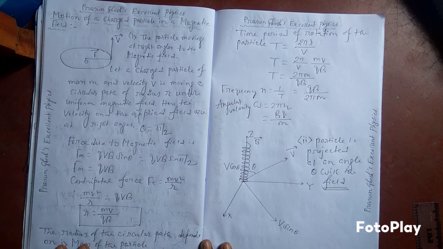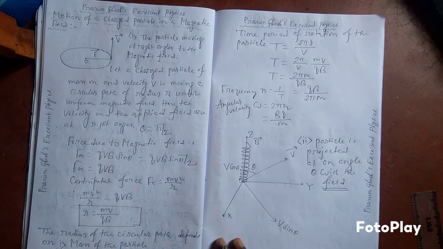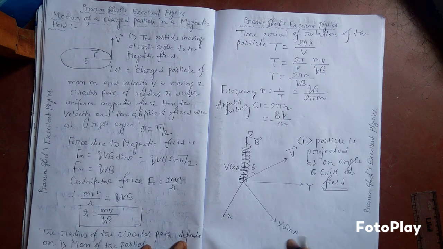So here the force due to magnetic field, Fm equal to qvB sin theta.